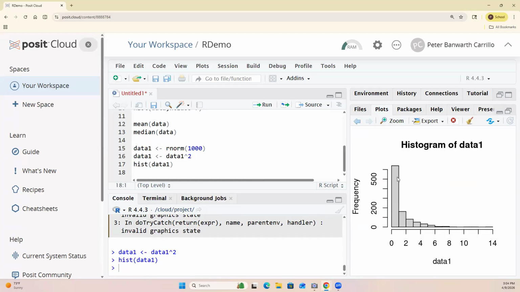I could probably think of something where you have a lot of observations that are very small and then some observations that are surprisingly big. Maybe not on this scale, but cakes, right? Most cakes are pretty small, but every so often someone tries to make a giant cake. Now, the balance point of this is going to be somewhere out here because we've got some observations way out to the right.